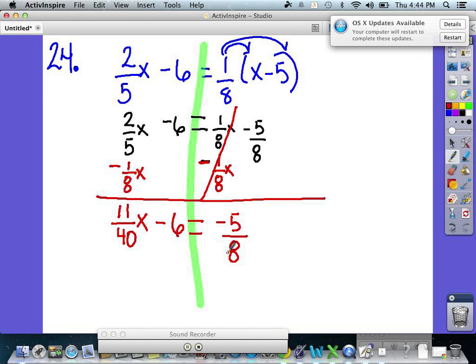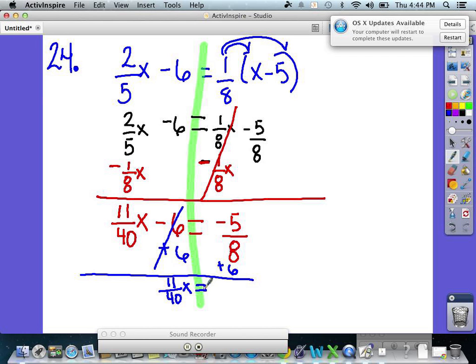Now we need to add 6 to both sides. So now we would say plus 6 on both sides. That will cancel out. We only have 11 over 40 x remaining on this side.